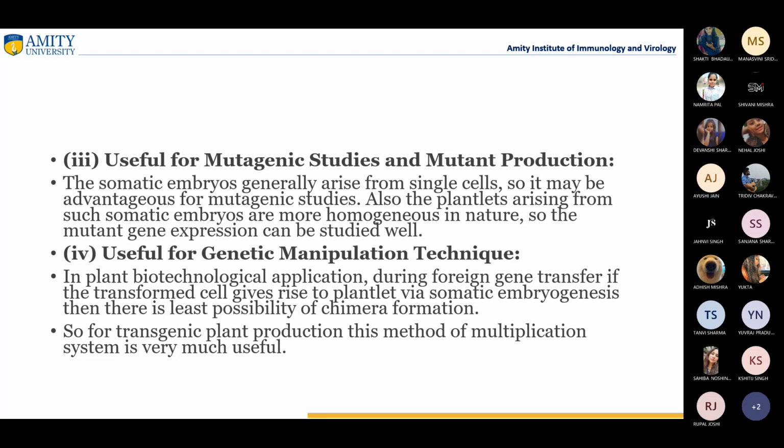Chimera formation होता है जब maybe there's a different genetic composition in one plant from other sources also. So that possibility is ruled out here, right? So for transgenic plant production, this method of multiplication system is very much useful.